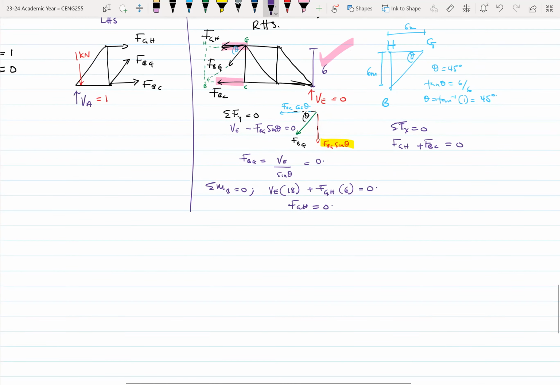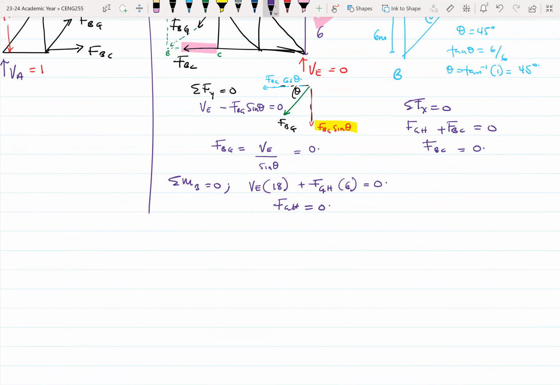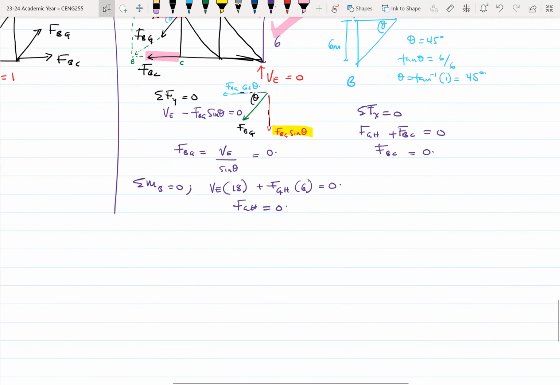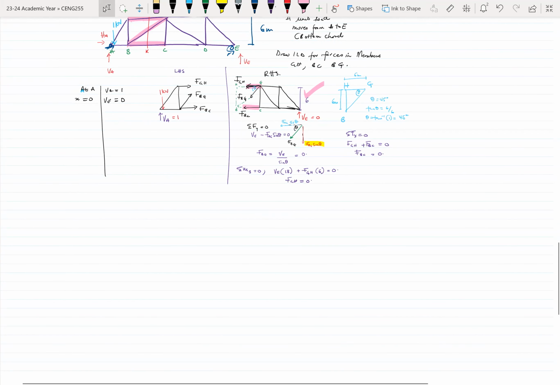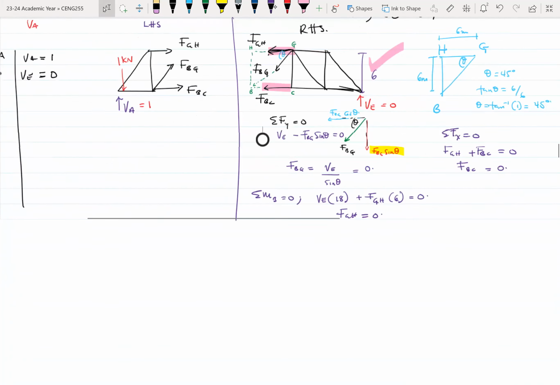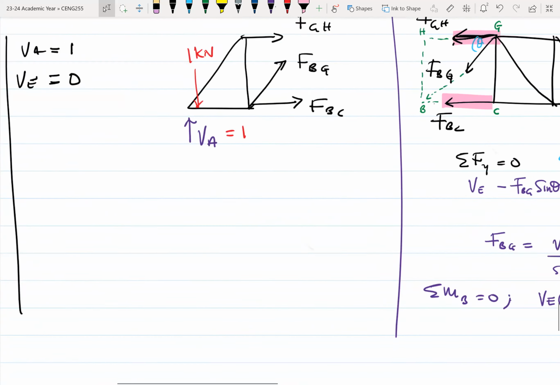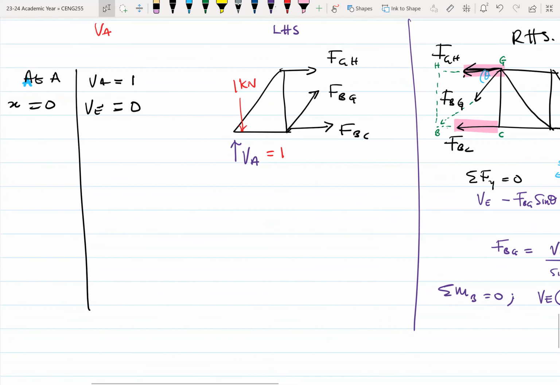Since FGH is 0, our FBC is also 0. So when the load is at A, the forces in the members FGH, FBG, FBC equal 0.